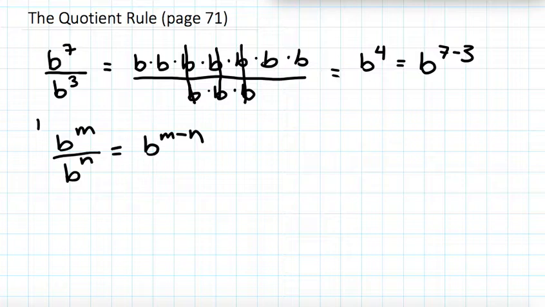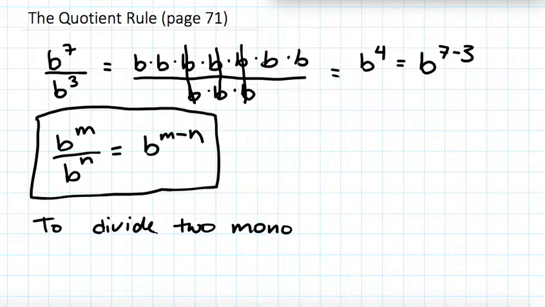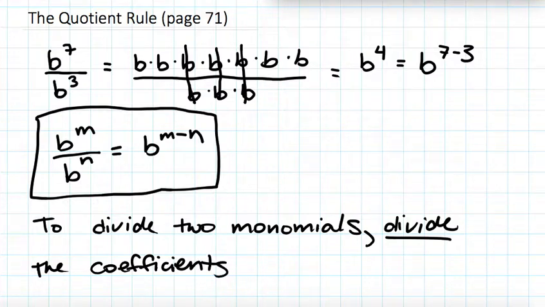If I'm dividing, I can subtract exponents. And of course, it only works if you have the same letter, so I can't combine different variables this way. It would have to be the same variable. Then I can write this in words. So if I'm dividing two monomials, we divide the coefficients, and subtract the exponents.